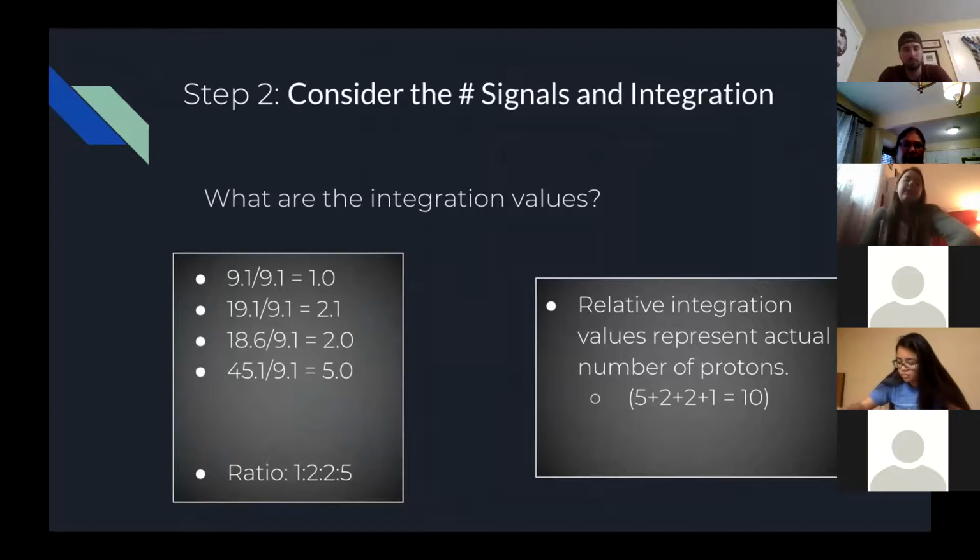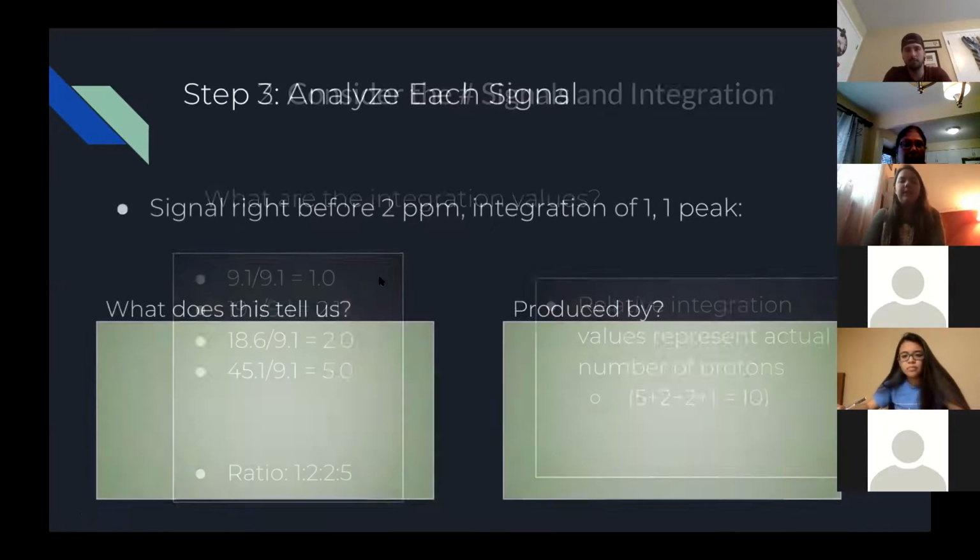After you divide by all the values, you get your ratio, which is 1 to 2 to 2 to 5. If we remember our original formula, it had 10 hydrogens present. So all of these values add up to 10, showing that we don't need to multiply by anything. We have accounted for all of our hydrogens that are present on the NMR spectrum. So that's a good way to check whether you need to multiply these values by anything.